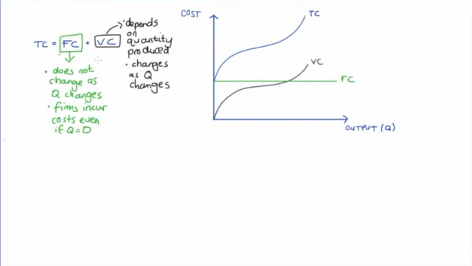It starts at zero, so it depends on the output. When there is no output produced, there are no costs incurred, but the more you produce, the more it increases, up to a point where it will decrease. We'll get to terms such as increasing returns and decreasing returns.